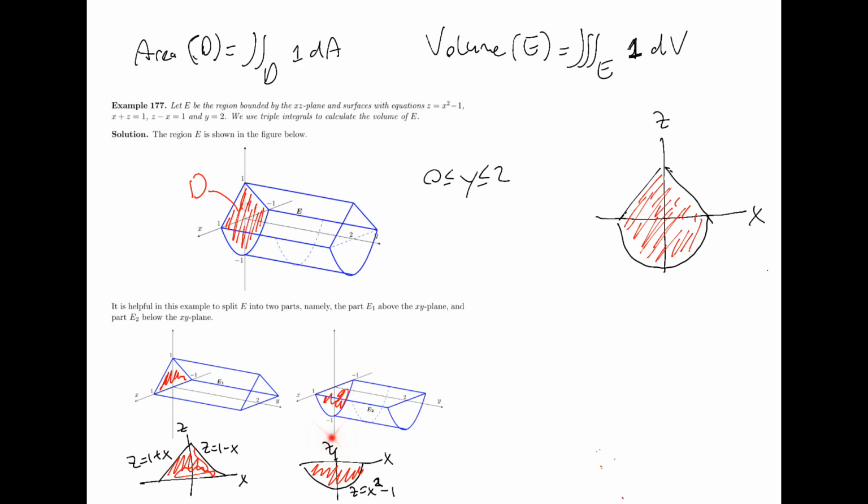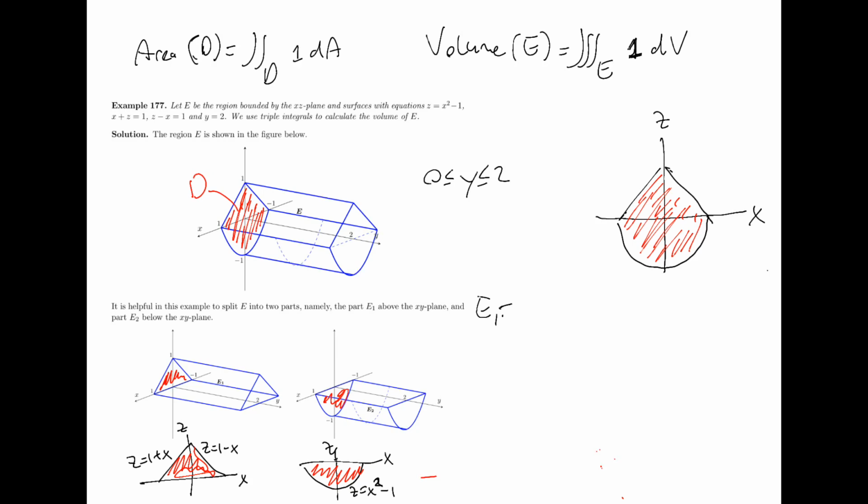Anyway, let's write all of this down. So this is region E1. Let's do E1 first. Now let's do it in black. So E1, well, we've seen already that y is between 0 and 2. So let's write E1 in set notation here.